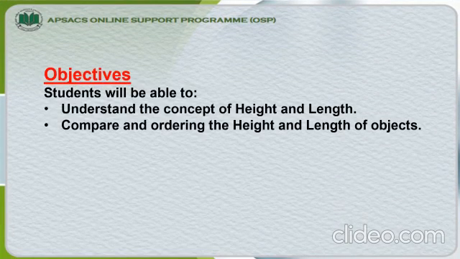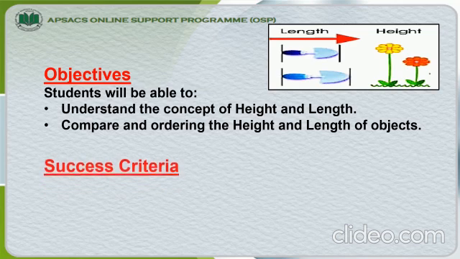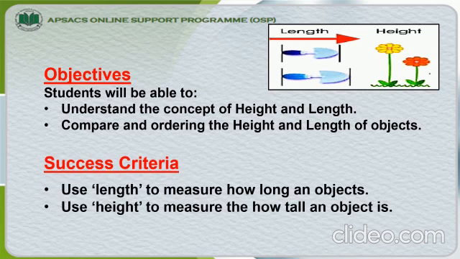Students, today our objectives are to understand the concept of height and length and compare and order the height and length of objects. Success criteria: use length to measure how long an object is and use height to measure how tall an object is.